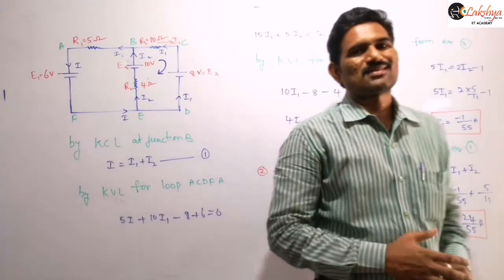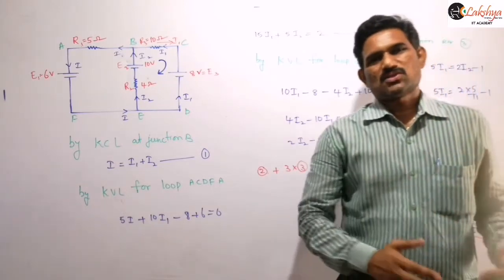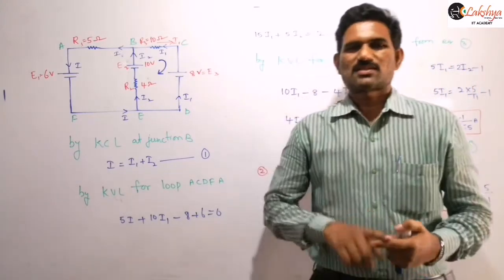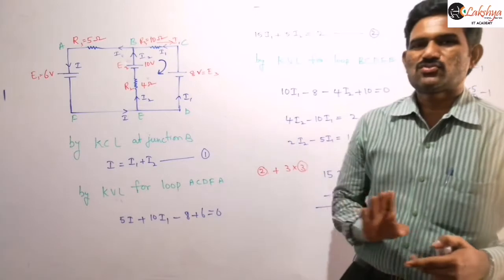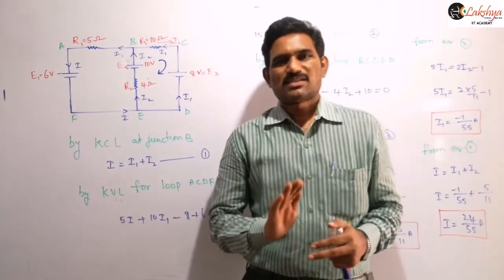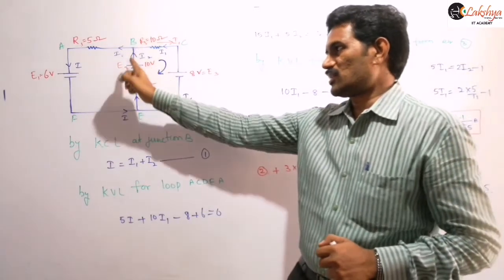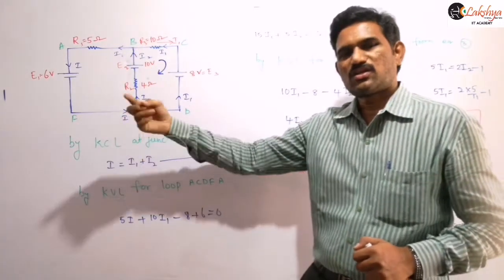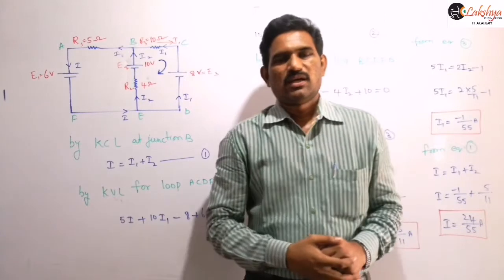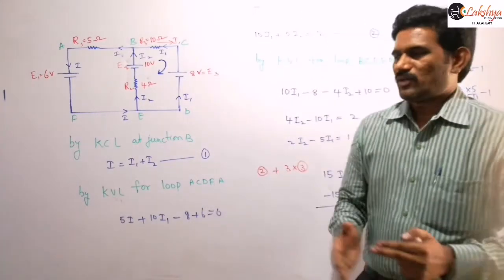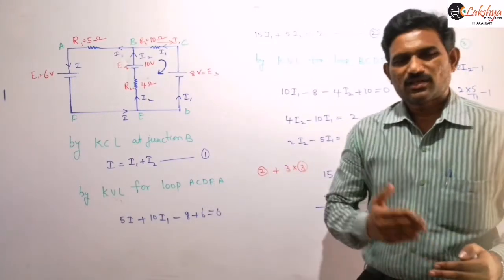If you remember the sign convention, then you can apply the Kirchhoff laws easily. The first law: first we need to take the distribution such that the first law is valid at any junction, right? You may verify at any junction here, either at this junction or at this junction, but the first law is to be valid. And the next thing is, we apply the Kirchhoff law by taking the loops here.